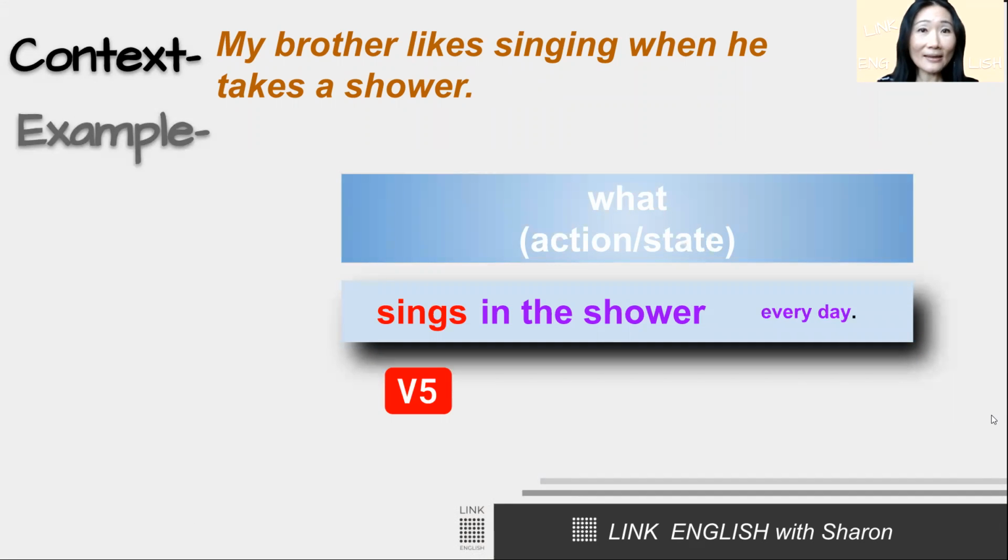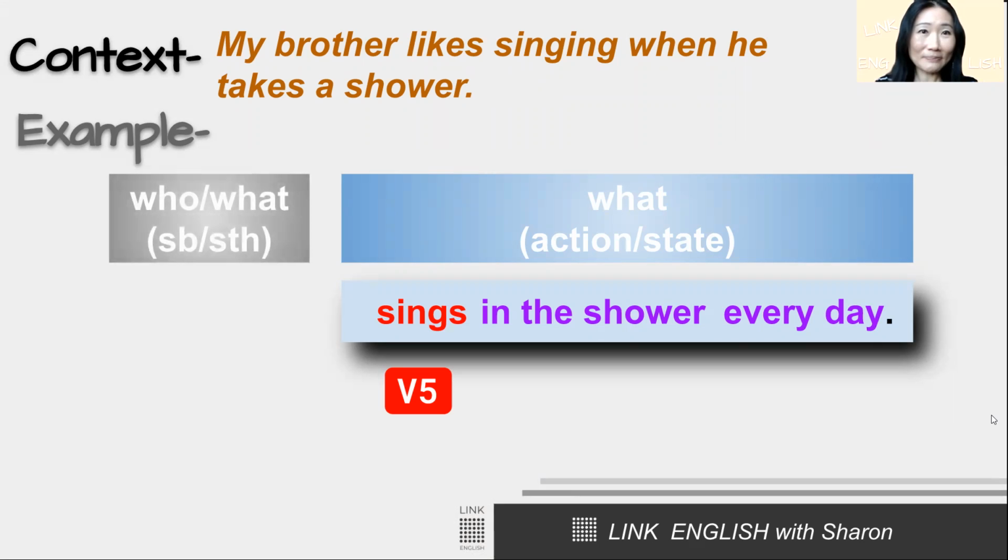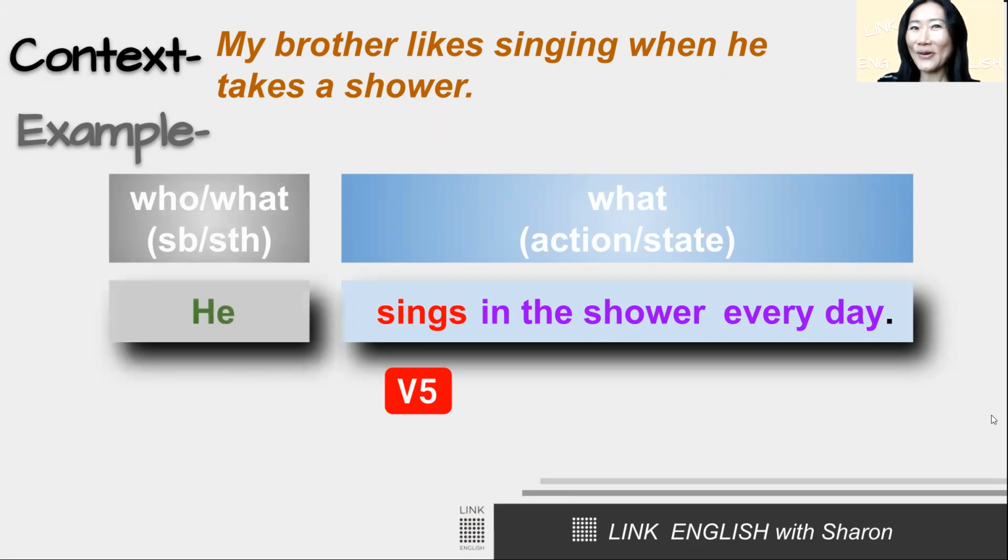And I'm adding another adverb, every day, to express this action happens a lot. Sings in the shower every day. Who? You know, he, my brother. He sings in the shower every day.